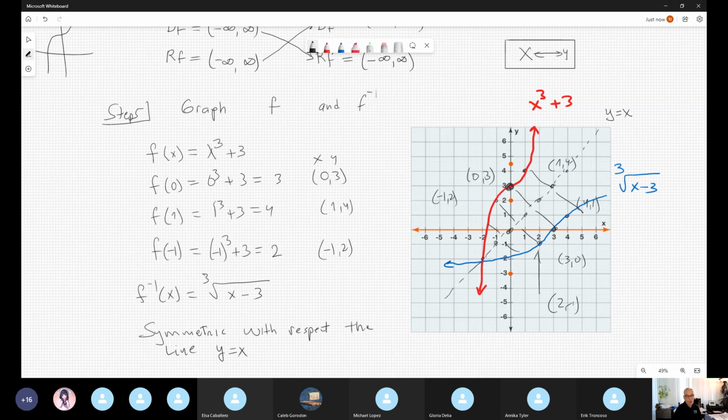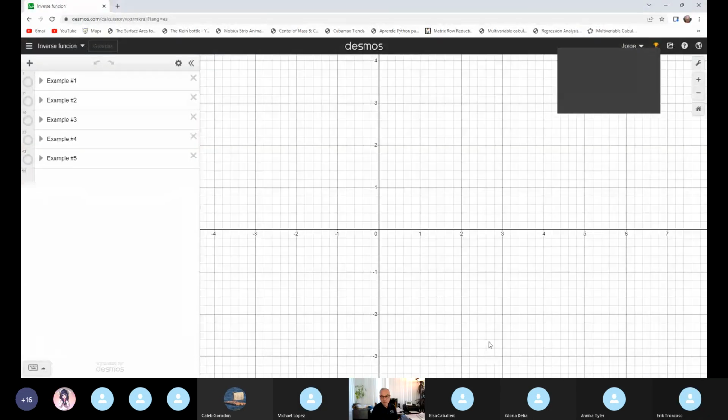Just in case, I want to show you this example more clearly. Remember, when you need to do a complicated graph, nobody does it on a piece of paper. Everyone does it in Desmos. Do you see Desmos now?